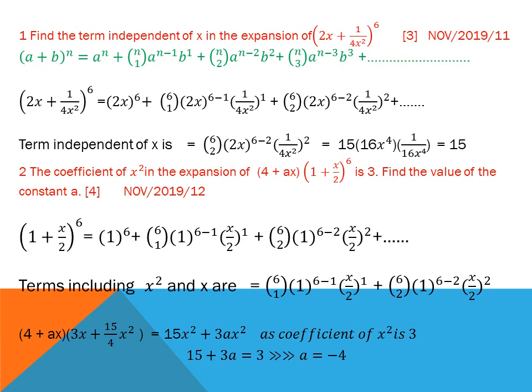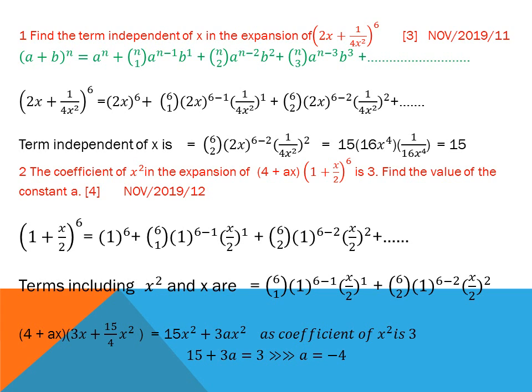I choose the term 6C2 (2x)^(6-2) (1/(4x^2))^2. It means 2^4 x^4, and when I expand (1/(4x^2))^2 it becomes 1/(16x^4). Then 16x^4 is cancelled out with 16x^4, and the term independent of x is 15 only.